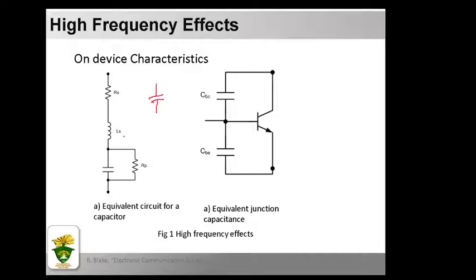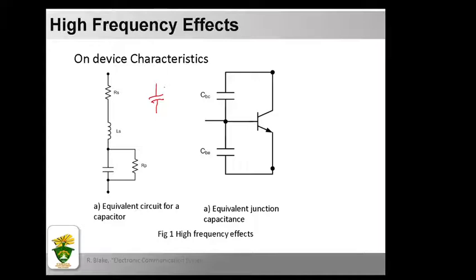The resistive components can be divided into two parts: a small series component Rs due to the lead resistance, and a large parallel resistance Rp representing dielectric loss.